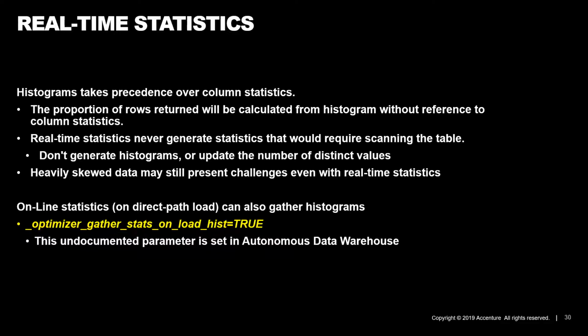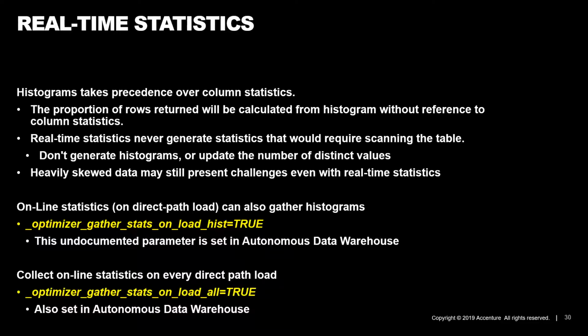When we're talking about histogram collection, there are a couple of other new parameters that may have a bearing. Optimizer gather stats on load hist causes the database to collect histograms as well as the ordinary table and column statistics during the direct path load. And this undocumented parameter is set on autonomous data warehouse.